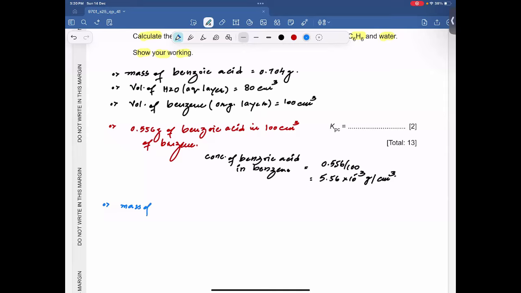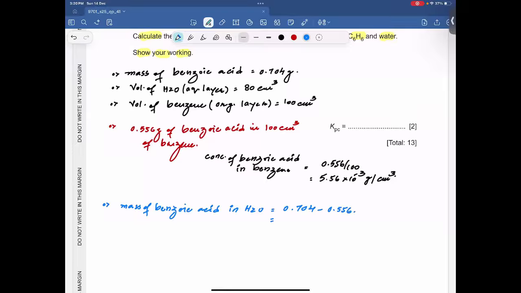So mass of benzoic acid in water. The initial amount is 0.704. The amount extracted in benzene is 0.556.